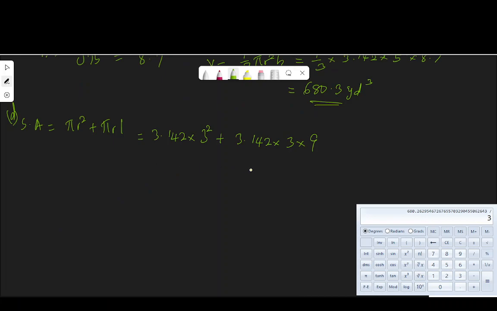So let's put that into a calculator. We have a 3 square there, which is 9. 9 times 3.142 multiplied by 9. Oh, no, let me clear that. There's something in the memory. Clear everything. 3.142 times 9, 28.3 approximately.